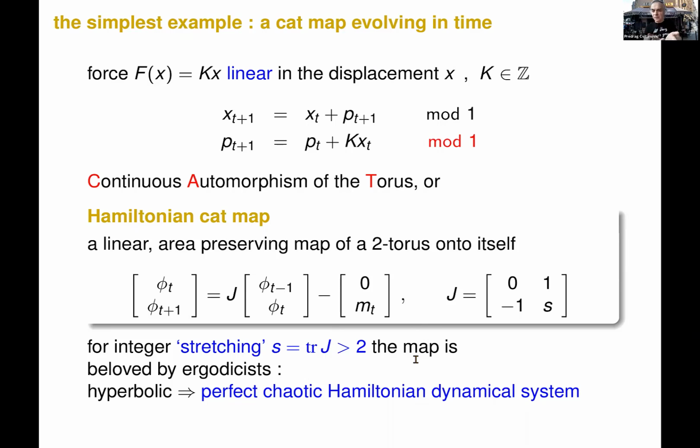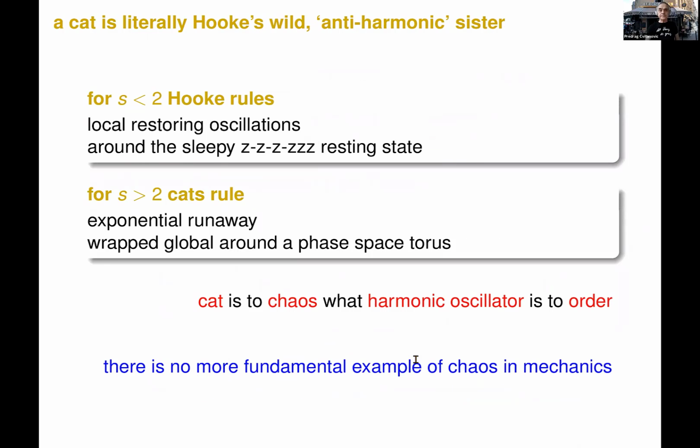And you might not like to live on a torus, but you cannot have a better illustration of what chaos means in a deterministic and Hamiltonian setting. And if S is smaller than 2, then the solutions of this problem turn out to be sines and cosines. And what it means is that if I have some resting point for the system, if I perturb it, it oscillates around.